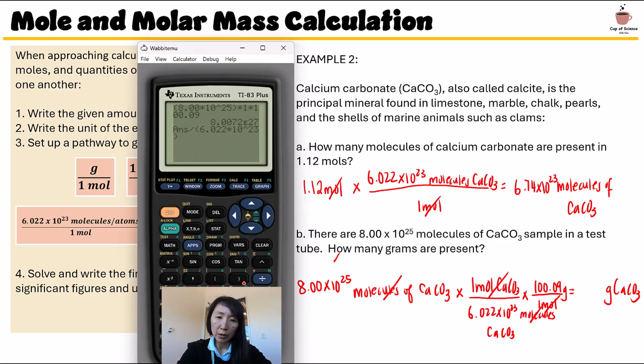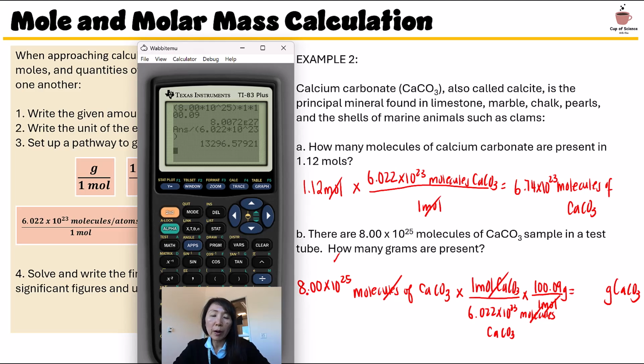Okay, and then close the parentheses and hit enter. Then I get 13,296. So I want this in 3 sig figs because my starting value was 3 sig figs.